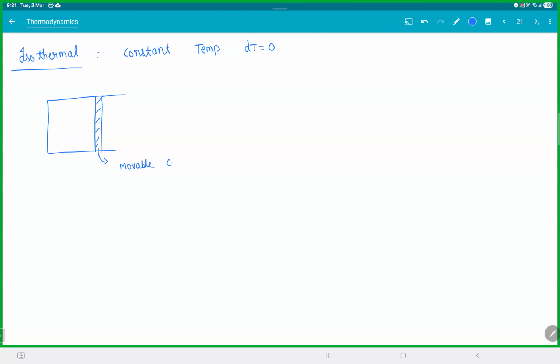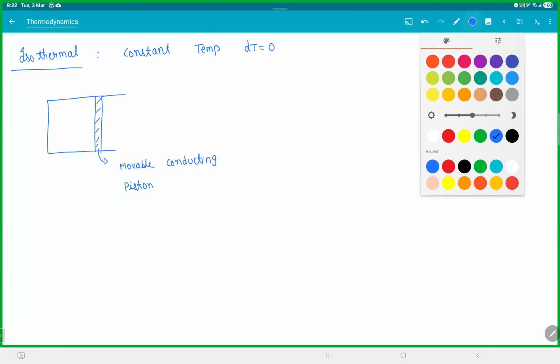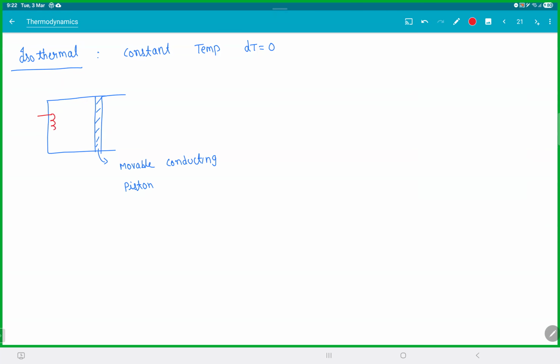You can have a movable conducting piston with some mass or friction, it doesn't matter. It should not be massless, or else the pressure also will become the same. Because it's a conducting piston, the temperature T0 and T0 will always be the same.